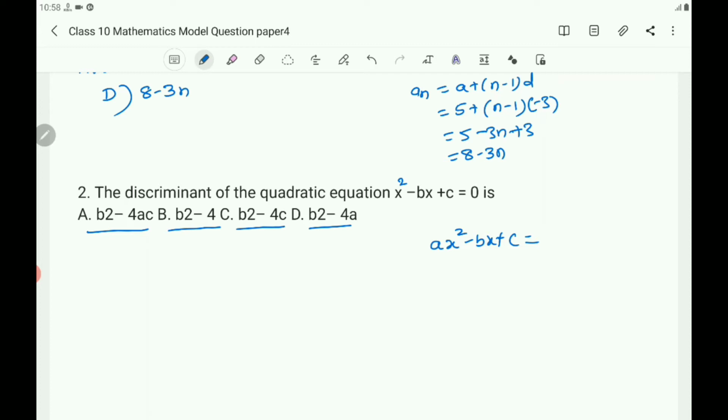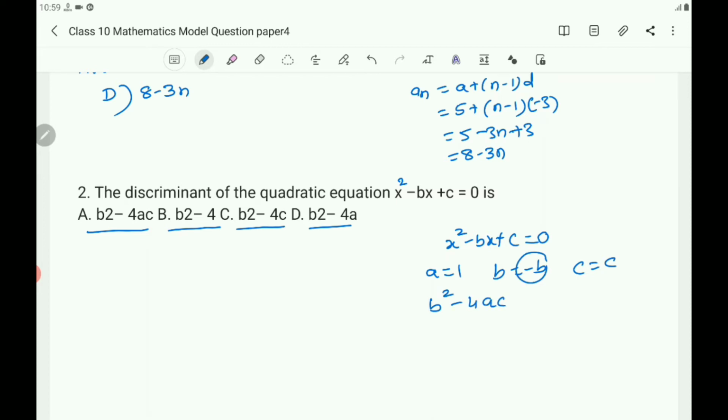But here the value of a is given, that is 1. So you write here a equals 1, b equals minus b and c equals c only. Here b is minus b, not plus b. Now you write the discriminant is b square minus 4ac.